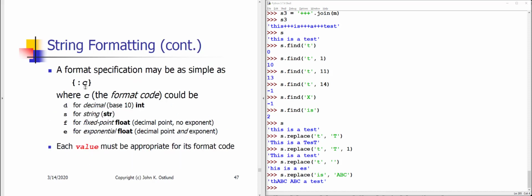Okay, so the simplest kind of format code that we can have just consists of the curly brace followed by the colon, and then one letter indicating the format specification for some value. And here are 4 possible letters that we can use there. There are even more than just these 4, but 4 is enough to worry about for the moment.